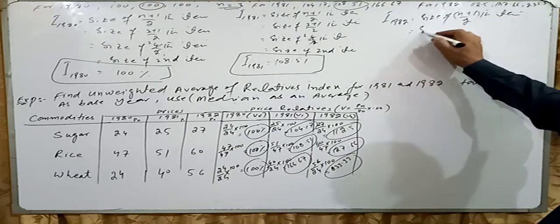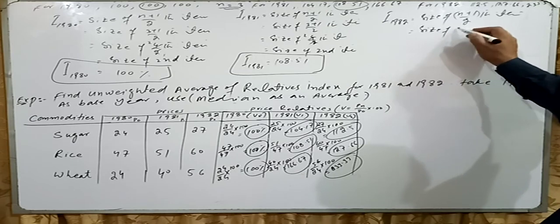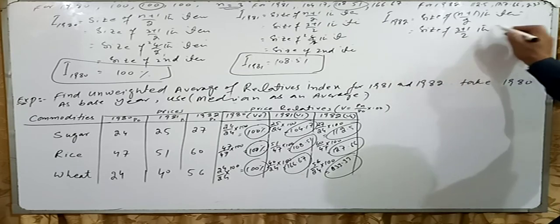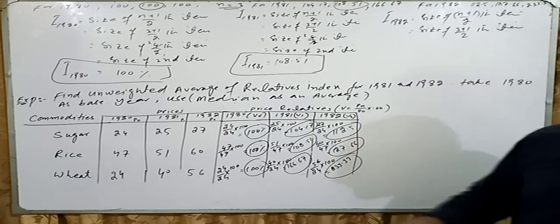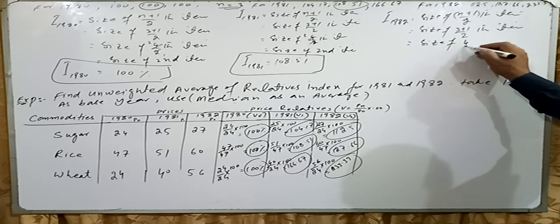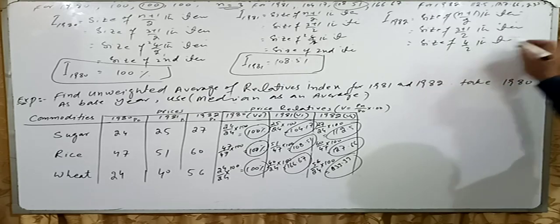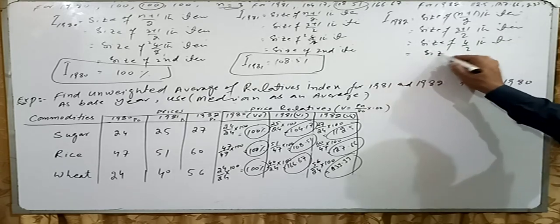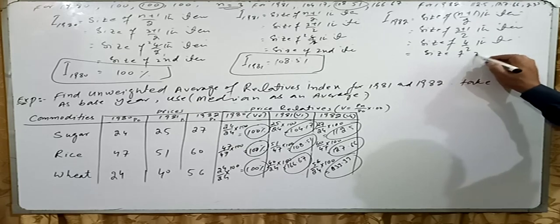Put the values: size of (3 plus 1) over 2th item, because the number of items is 3, then size of 4 by 2th item, or size of the second item.